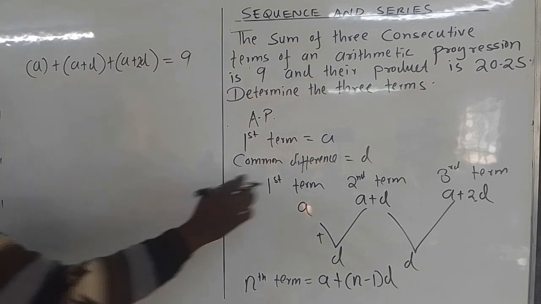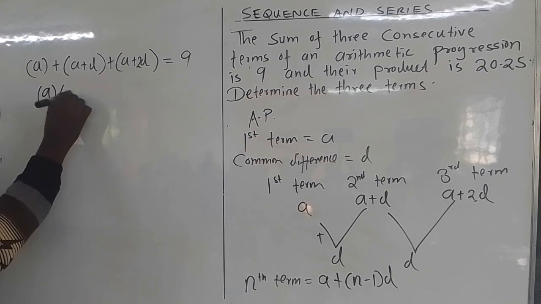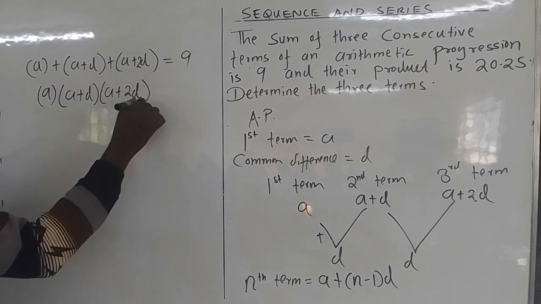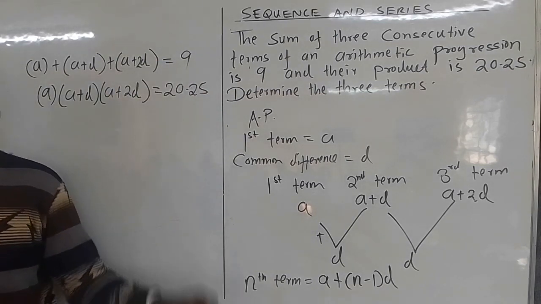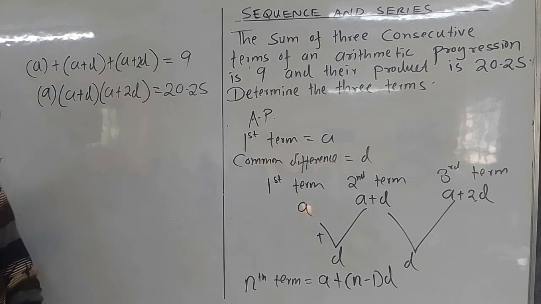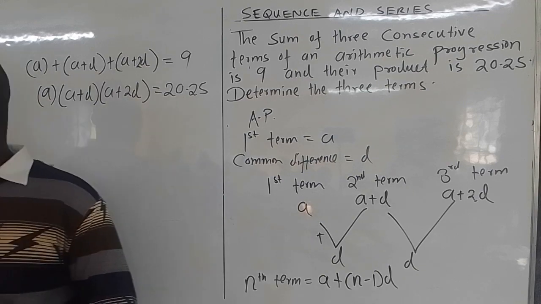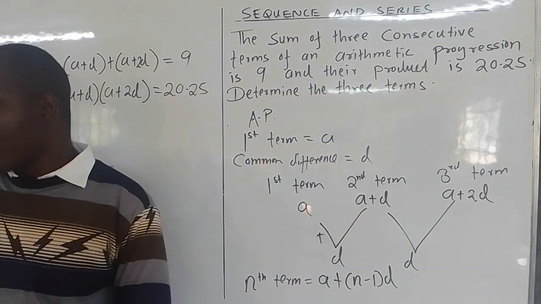Meaning A times (A plus D) times (A plus 2D) is 20.25. So I have two equations. I solve them to get the values of A and D, then substitute those values to determine the three terms.